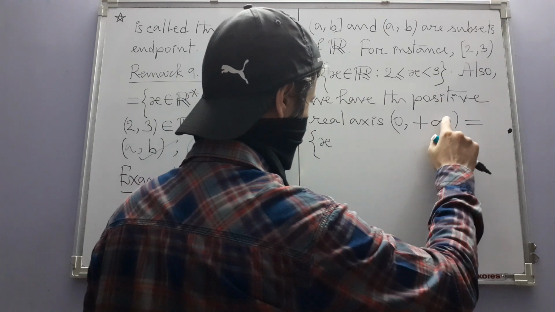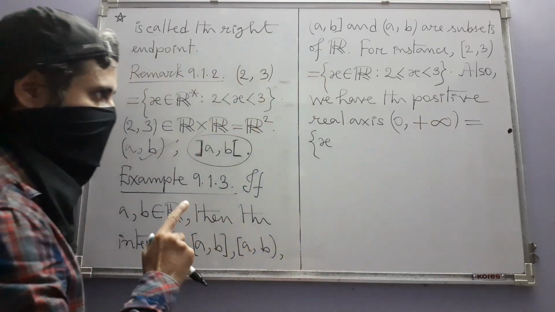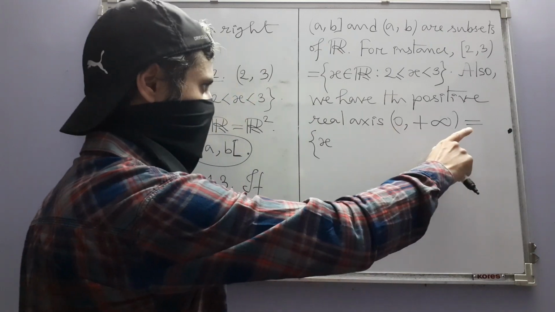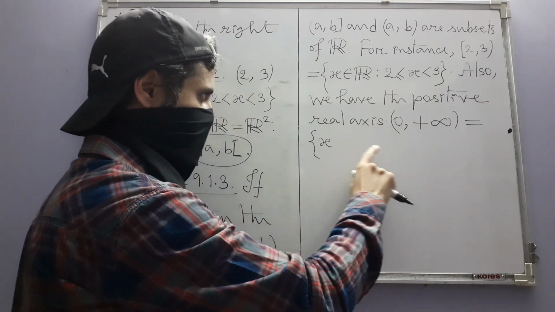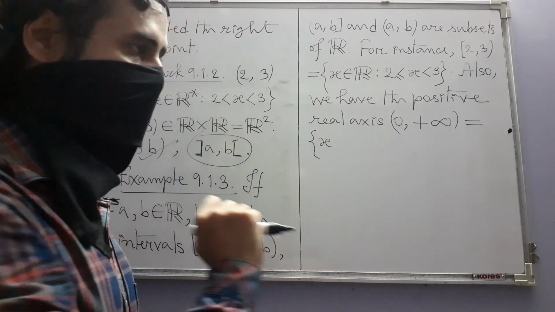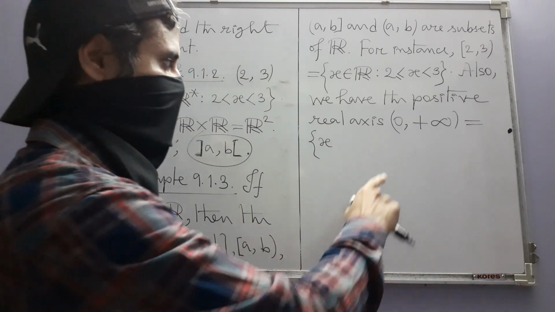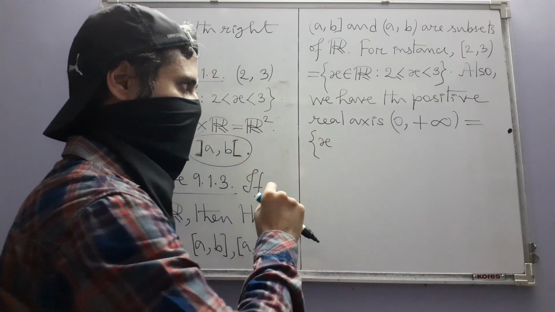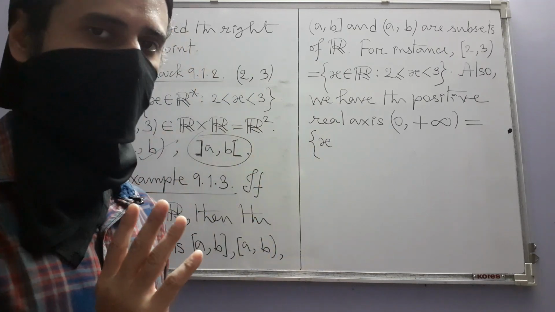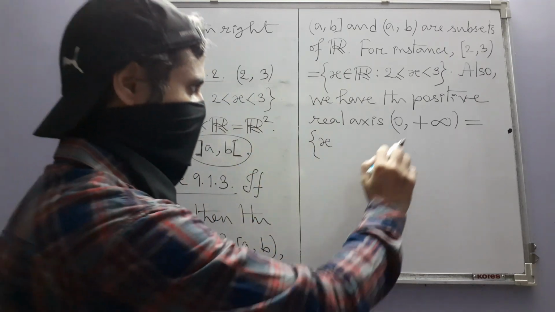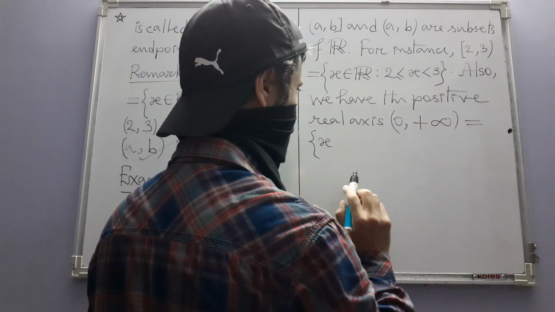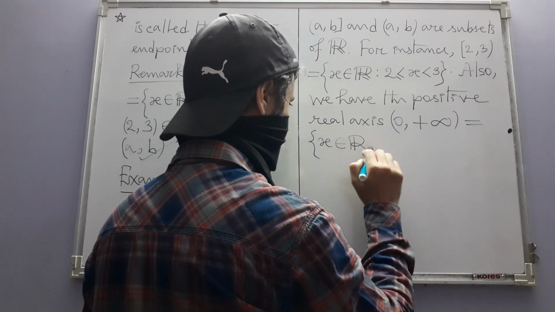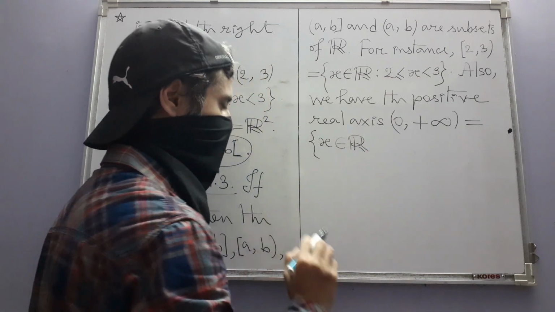Note that although the right endpoint is infinite here, since we have an open interval, the elements here must be strictly less than plus infinity, and at the same time greater than or equal to 0. All the elements themselves are real numbers in this interval, although the right endpoint is not a real number. So because of that fact we can write R and not R star.